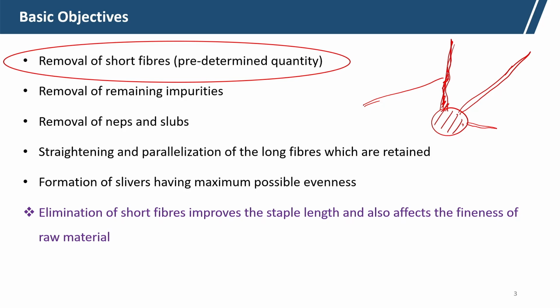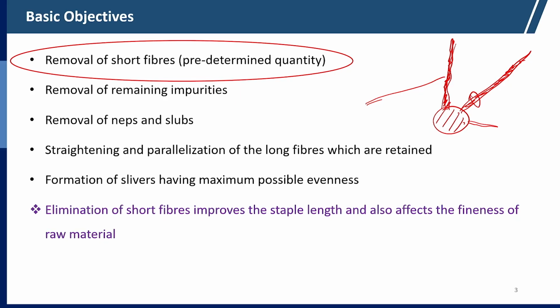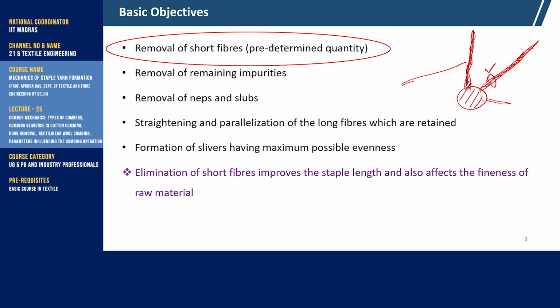As the fiber length increases during growth, these are the matured fibers, fully matured, length is high, but at the same time these fibers will be a little bit thicker, that means these are the coarser and longer fibers, and the short fibers which are removed are sometimes immature fibers. So, these fibers are short fibers.